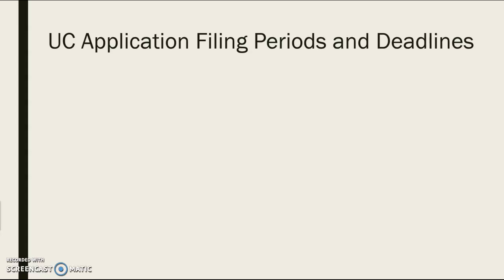When do I apply? What are my deadlines? If you're looking to transfer for the fall semester, the UC application opens during the month of August. So for example, if you're looking to apply for fall 2022 transfer, the application will open August of 2021.